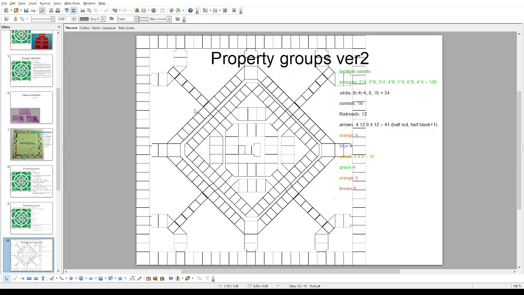So, now, another thing is I also decided that these spaces where a spoke or sub-ring is anchored to a main ring, those are also not going to be part of colored property groups, but that's where I'm going to put most of the railroads. Like, corner spaces aren't going to be railroads, but these things here, yeah, that's a good place to put a railroad. Well, these are good. This is good. This is not. This is not. I'm not going to put a railroad in a subring.